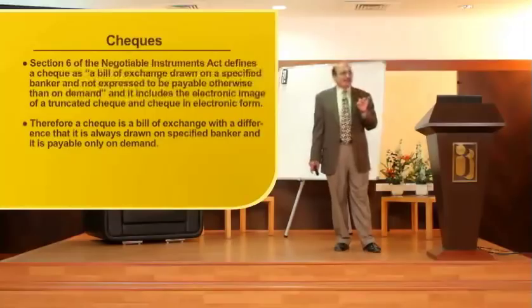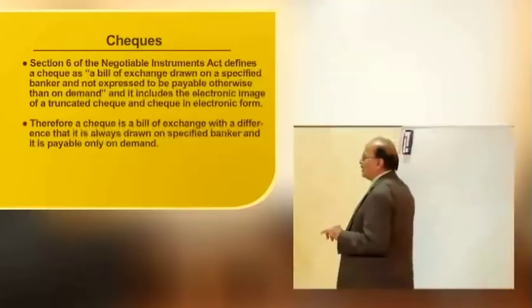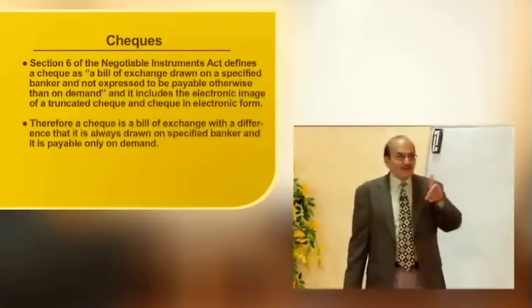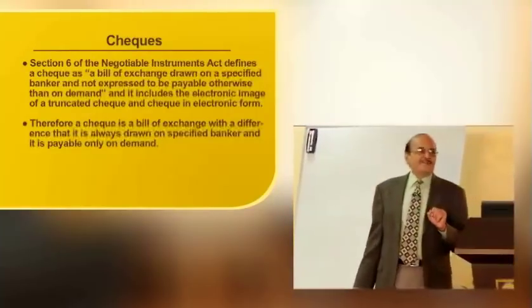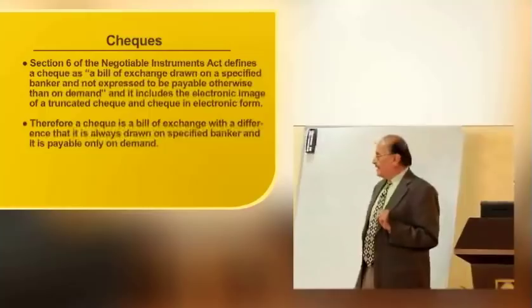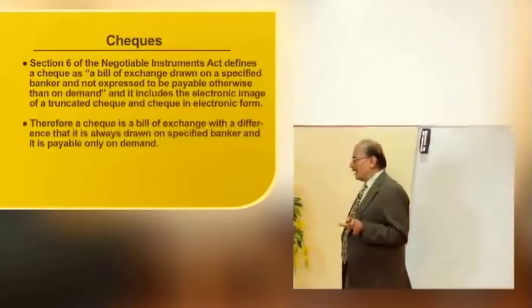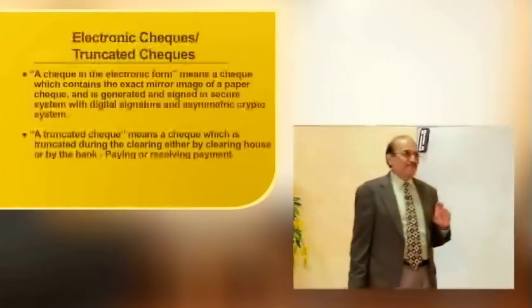This is very, very important to be noted. And it includes the electronic image of a truncated check and a check in electronic form. We are going to understand these two terminologies a little later. So a check is a bill of exchange with the difference that it is always drawn on a specified banker and it is payable only on demand.